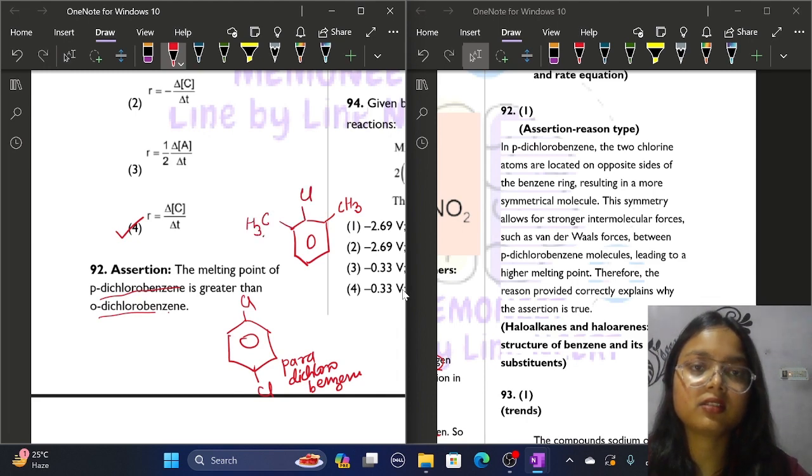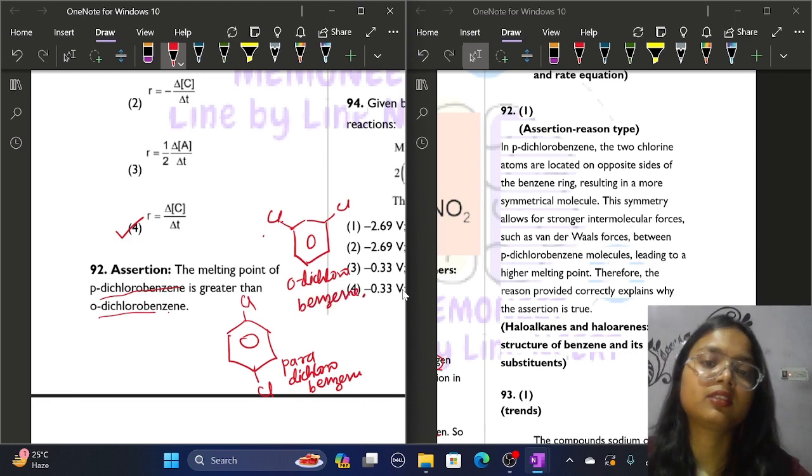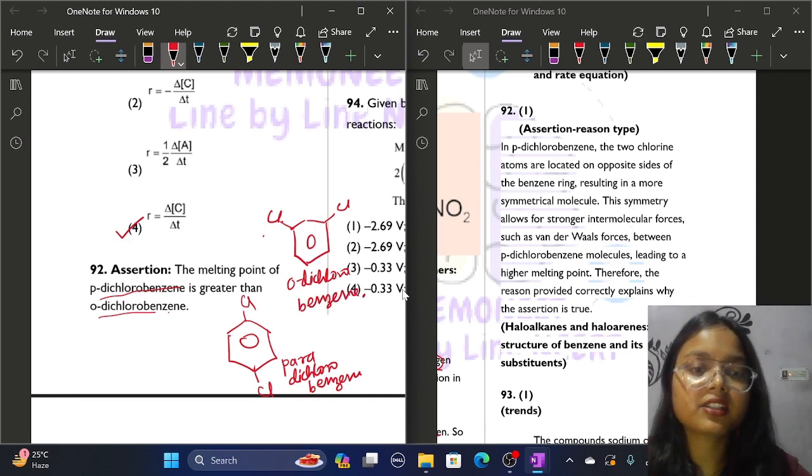Here it is Cl. Okay, this is ortho dichlorobenzene. So these two structures are there.